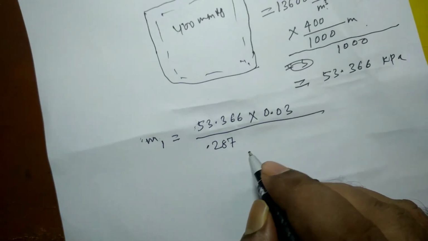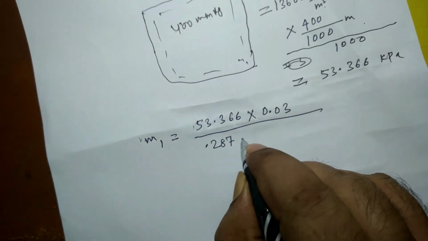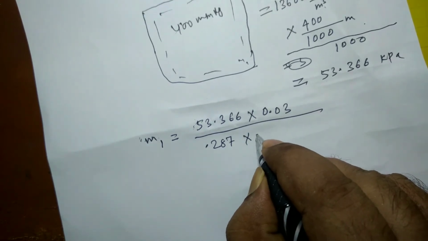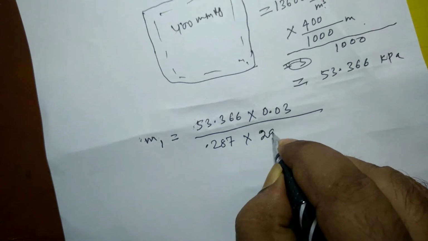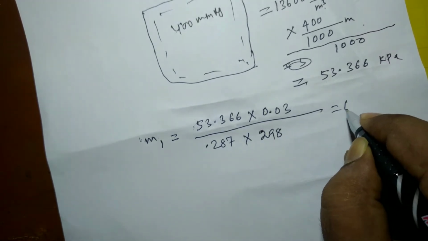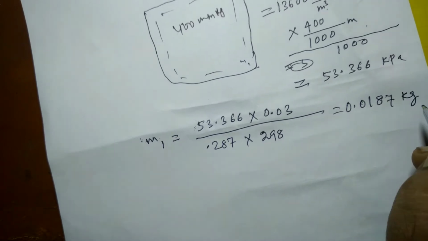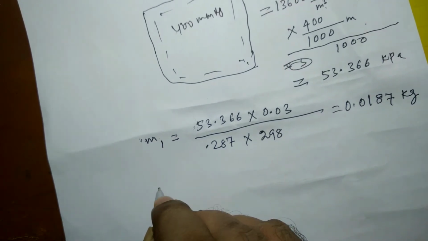Now, you are expected to remember R and gamma for air, and Cp and Cv also. This is equal to 0.0187 kg. Initially this much mass of air was there.